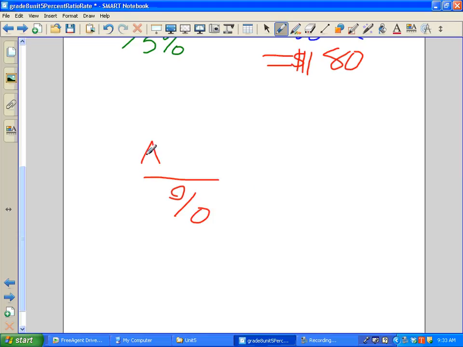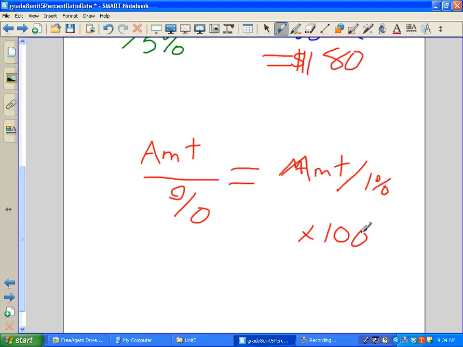So you take your amount, divide it by the percent, and you will get the amount per 1%, and then you just simply times that by 100 to get 100%. So that's all you do, because you're always going to want to find out per 1%, and then times it by 100 to get what 100% was.